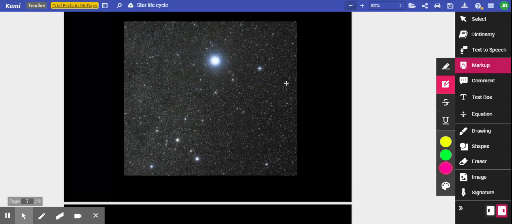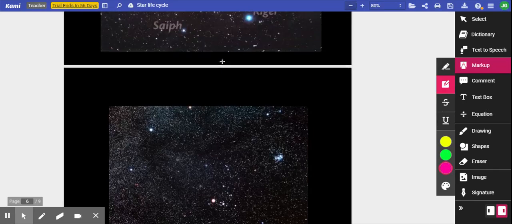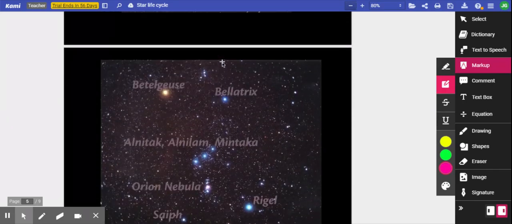Now, another winter constellation I forgot about is Canis Major, which is a dog. This is supposed to be his snout, his eye, his body, his back legs. Sirius is the eye of the dog, Canis Major.